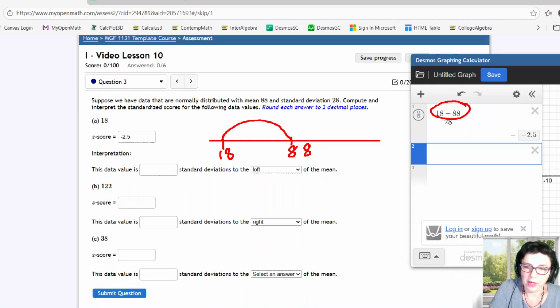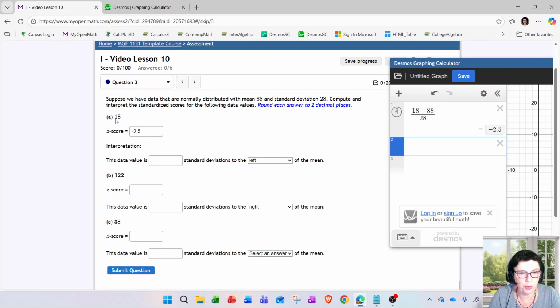And then when you divide it by 28, you are saying that you can fit 28 2.5 times. So you can go 1, 2, and then a half. So the interpretation is that this value 18 is 2.5 standard deviations to the left of the mean. So you're jumping to the left of the mean by 2.5.